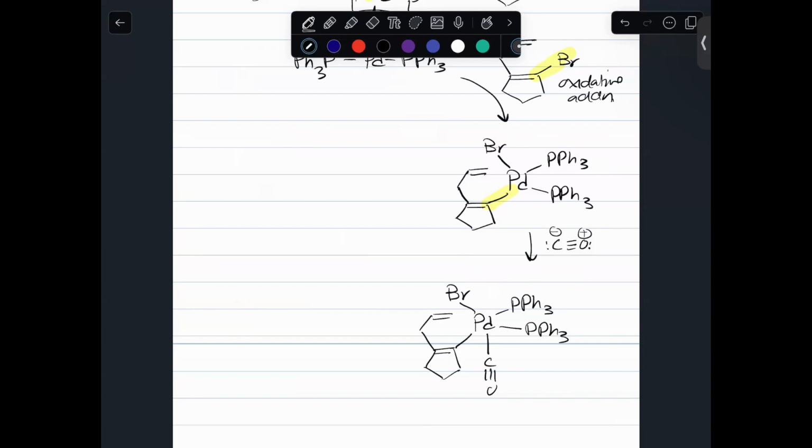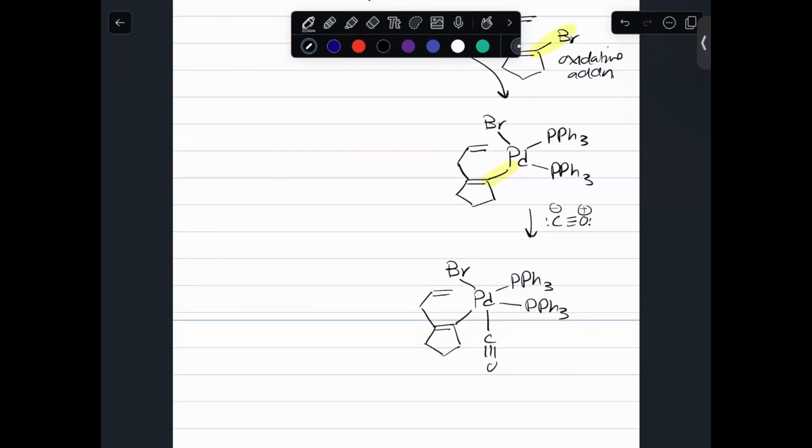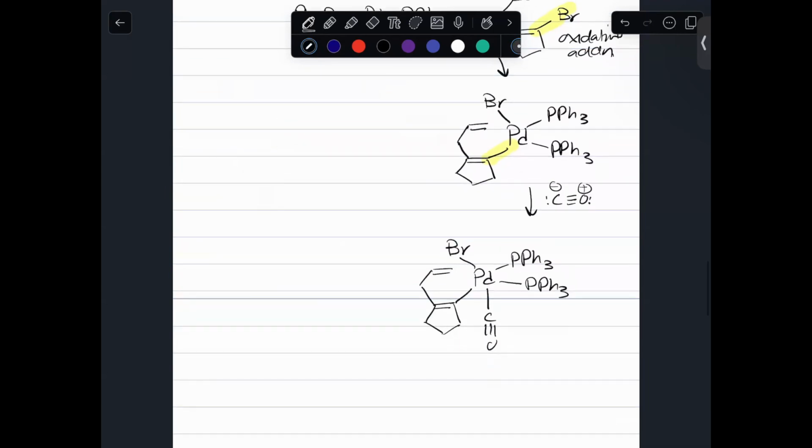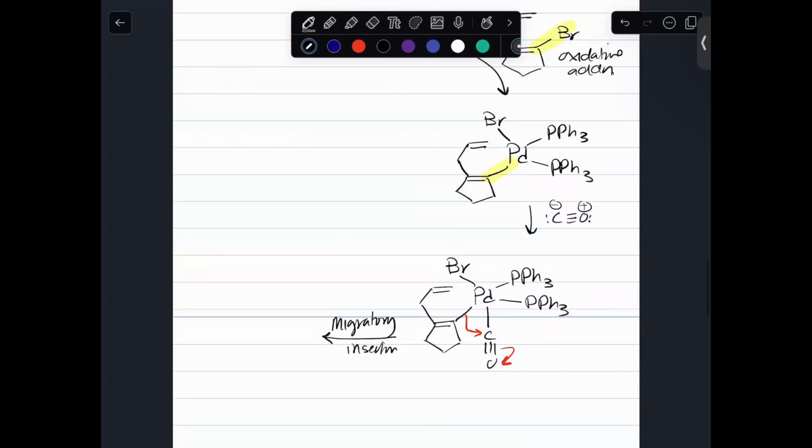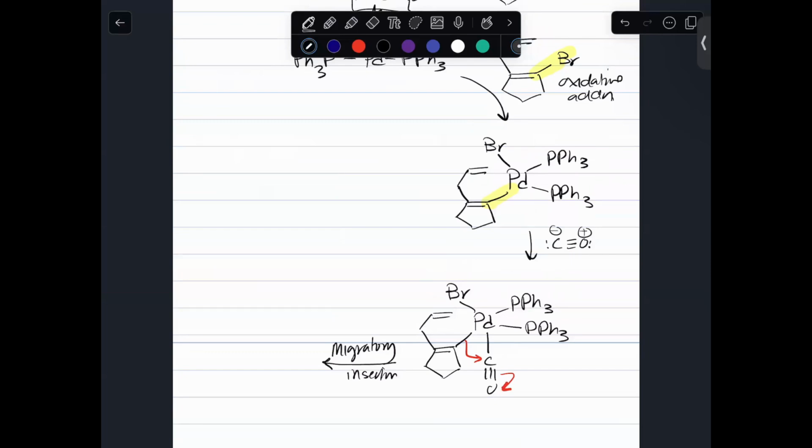Just like before, you do a migratory insertion. I want to make sure that I have enough room for everything I want to draw out.